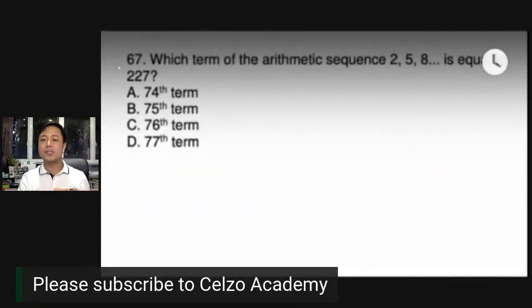Here's our next question. It's time for arithmetic sequence. Try to solve this without using a calculator. I know you guys could do that. Which term of the arithmetic sequence 2, 5, 8 is equal to 227?